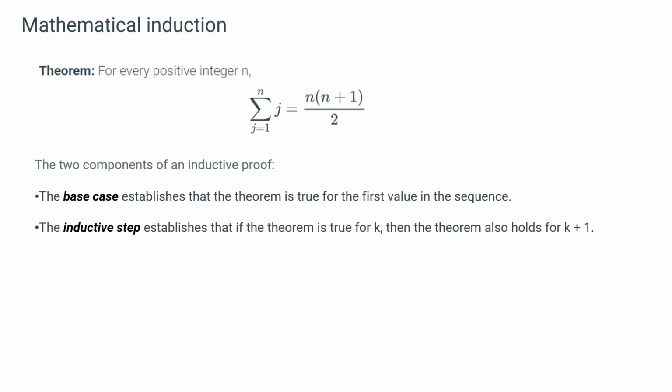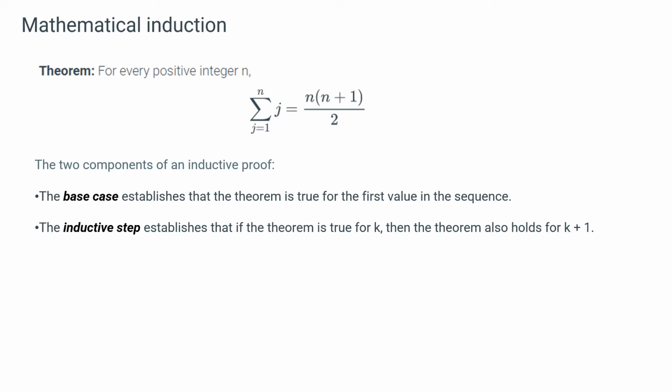So there are two components of an inductive proof. First of all, the base case, and that's the case where we establish that the theorem is true for the first value in the sequence. Looking up here, you see that we're supposed to prove it for every positive integer n.